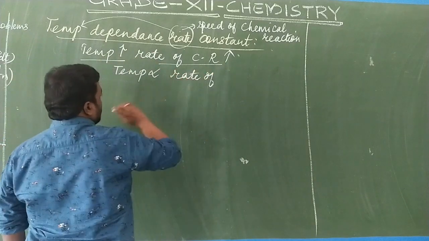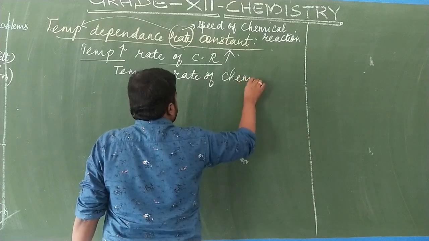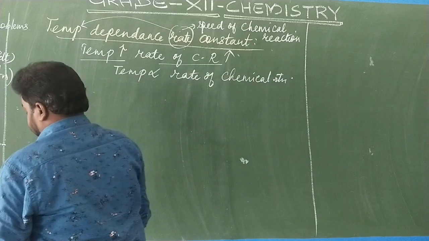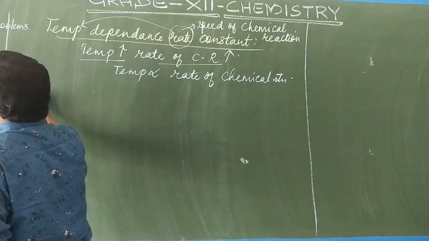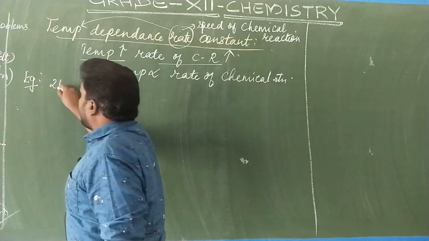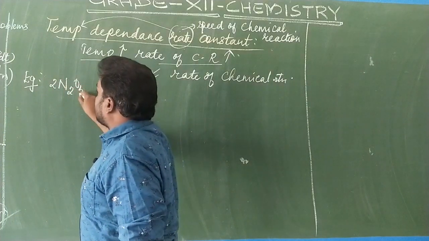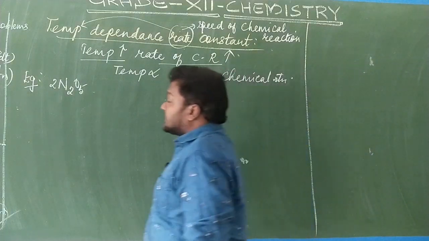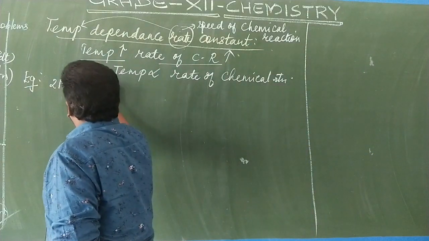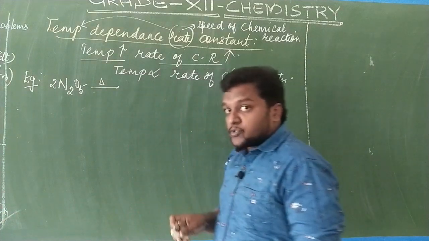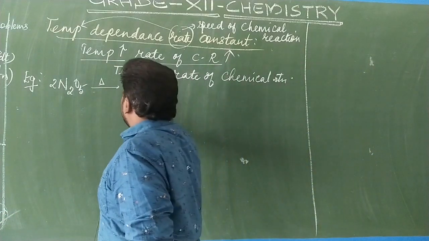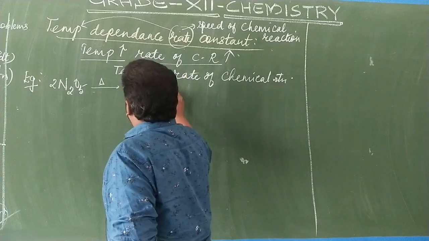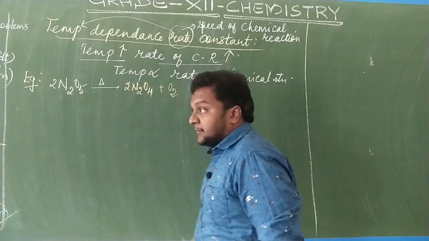Say for example, we take 2 molecules of nitrogen pentoxide. This nitrogen pentoxide, on heating, gets decomposed, giving rise to the formation of 2 molecules of N2O4 nitrogen tetroxide. Along with that, oxygen is getting liberated.